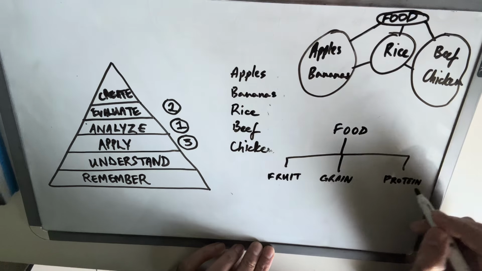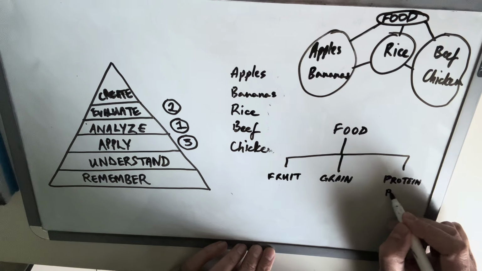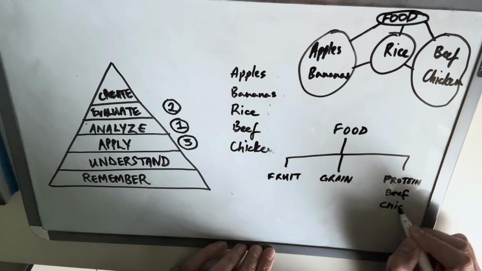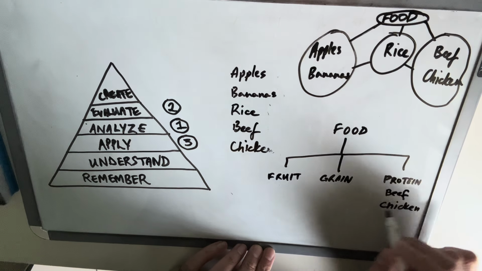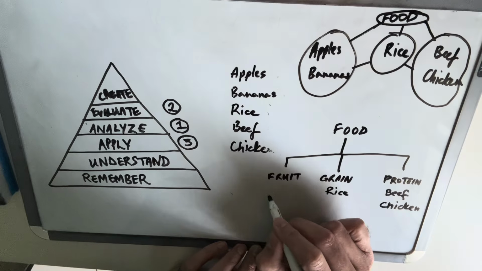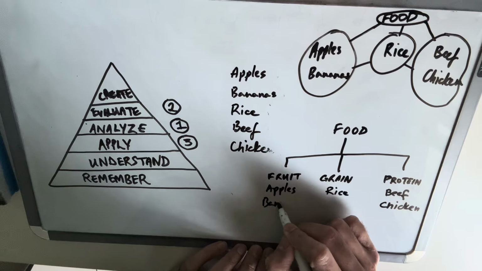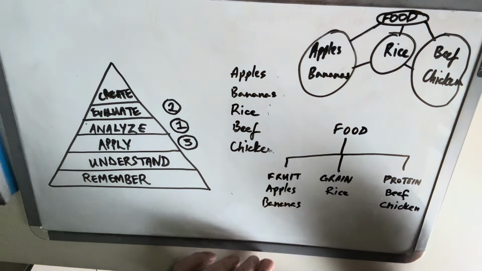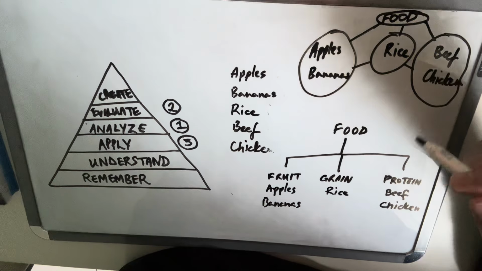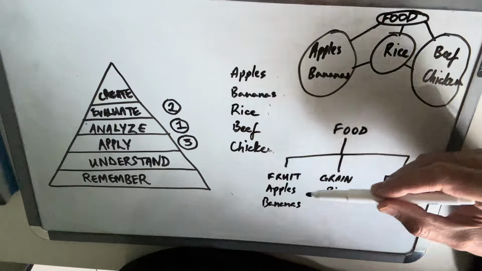And under the general headings, you've got specific examples of the actual words that you're trying to learn, like beef, chicken, and then rice. And then under fruit, you would have apples, bananas. So you can see from this that we have organized the information in a way that we can see how everything is connected together and how it relates to one another.